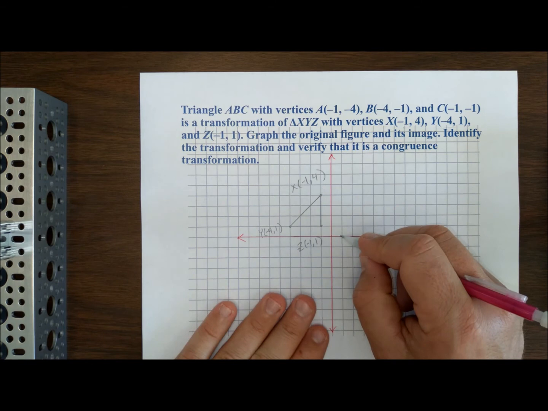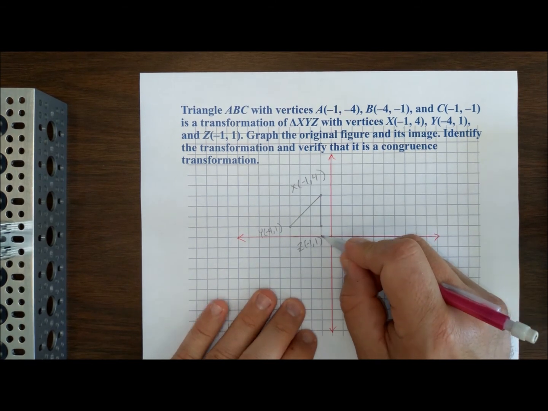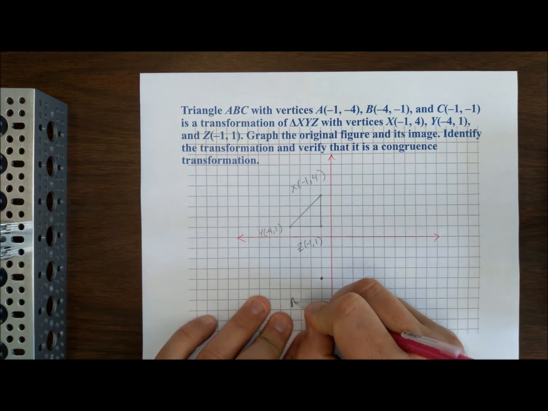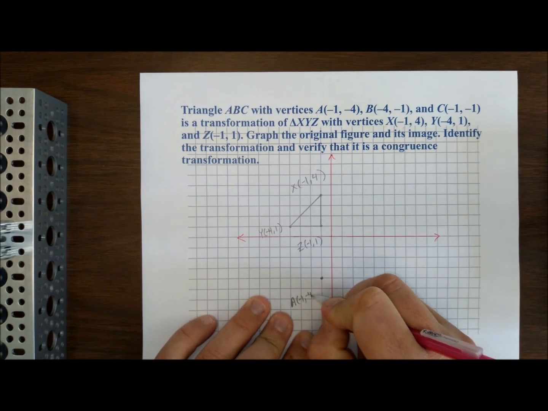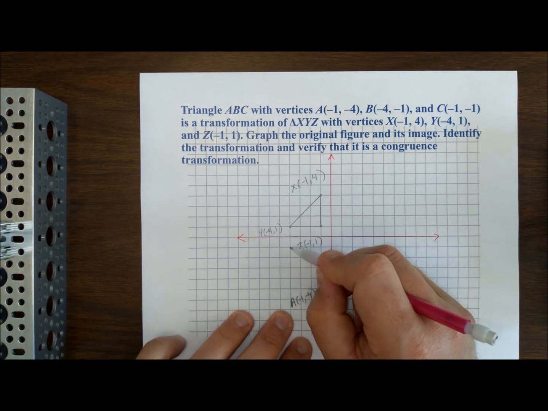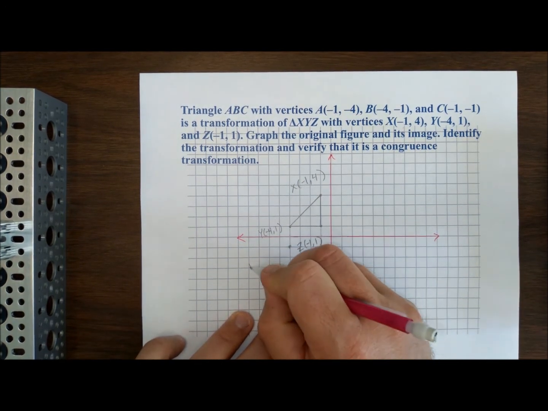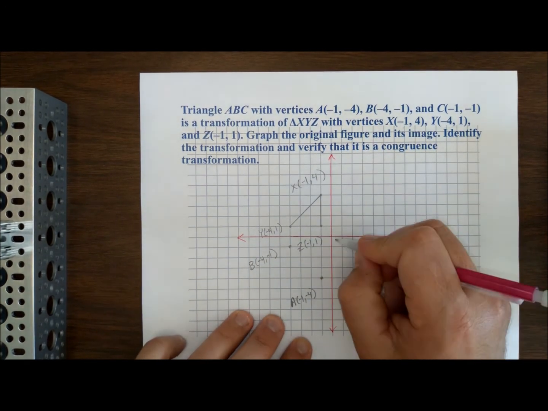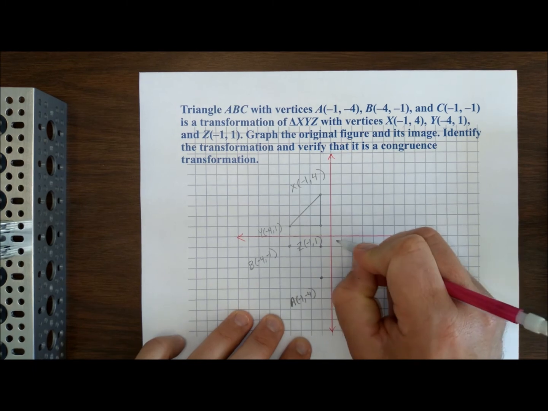A is at -1, -4. Okay, so here's A. And B is at -4, -1. There's B. Okay, and C is at -1, -1. Here's point C.